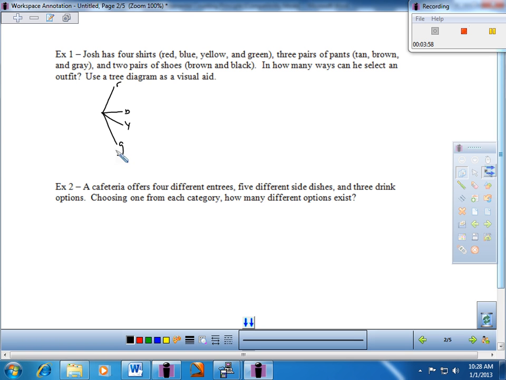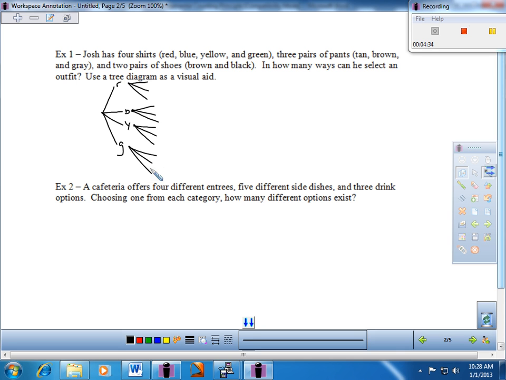Now from that, he has to make a second decision in terms of the number of pants, and in this case he's got 3 to choose from. Forget color coordination here, just choose any of the 3. So 1, 2, 3, 1, 2, 3, 1, 2, 3, and last but not least, 1, 2, 3. Hope everyone's okay with that.